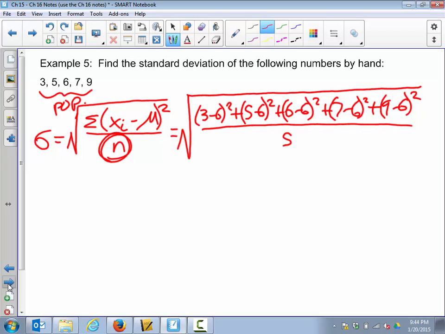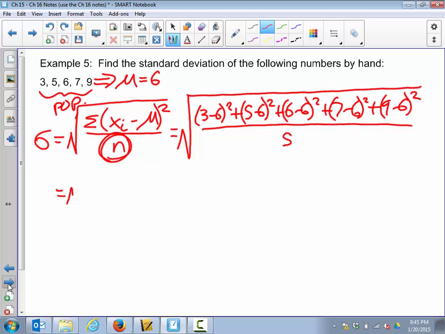Divide through by the sample size, or the population size here really, which is 5. So what I didn't show you that I should have is how to find the mean of these. Notice that 5 and 7 are both 1 unit away from 6 in opposite directions. 3 and 9 are both 6 units away from 6 in opposite directions. So 6 is the center of this data.